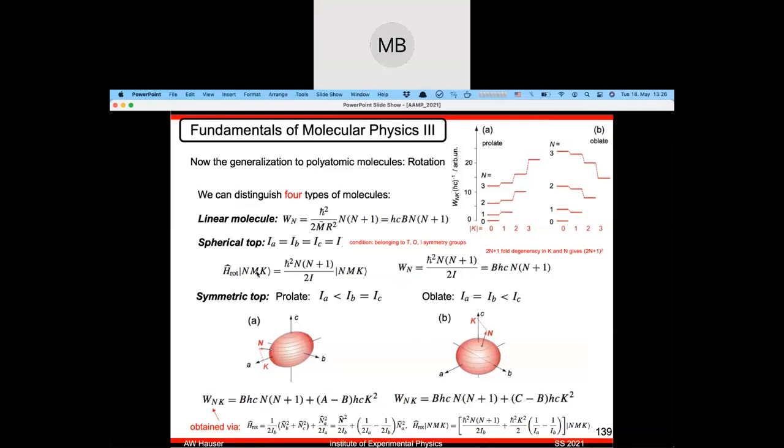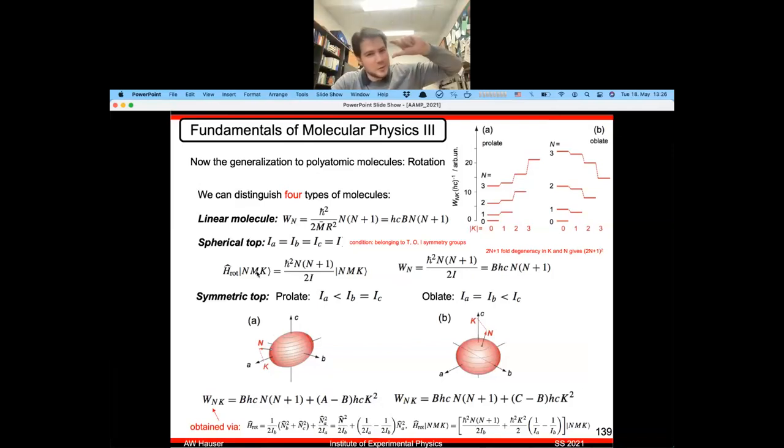So you're on the right track, but there's one last thing that you have to tweak. You're right, it has to do with moment of inertia. Obviously, this is changing with respect to projection, but look what it says. When K goes to higher values, in the case of the prolate top, it means that our angular momentum projects more and more onto A. But what does it mean if we project more on A for the moment of inertia? It goes down, yes.